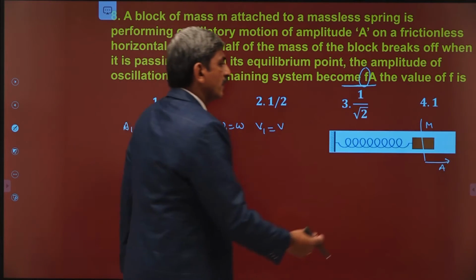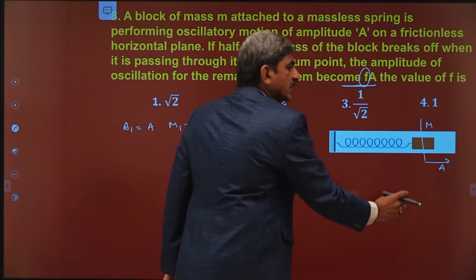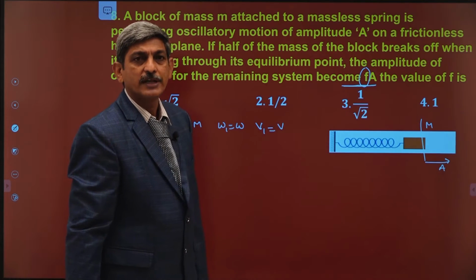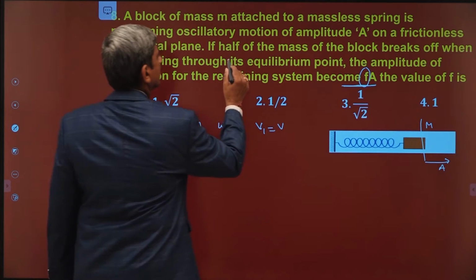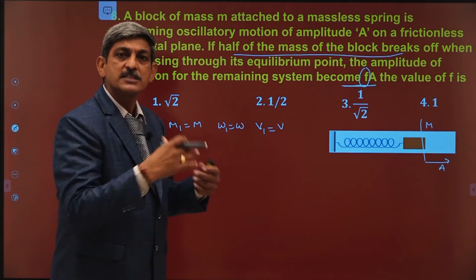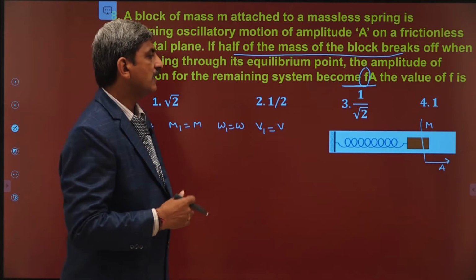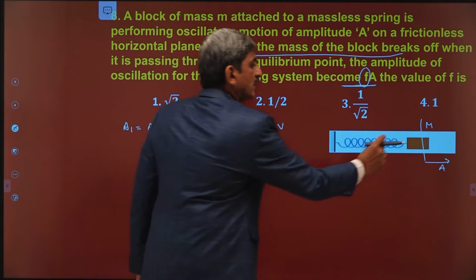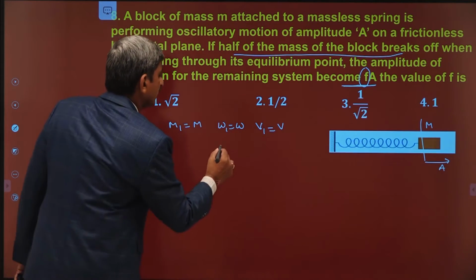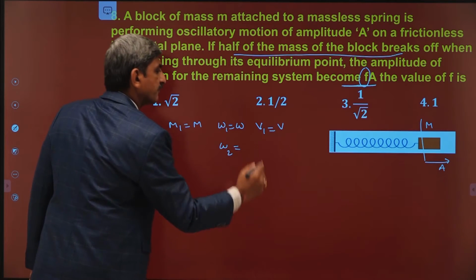Suppose when the body is at the mean position, half of the mass is removed, then what happened? In the problem it is given that half of the mass of the block breaks off. That means half of the mass is removed from the spring system. Then the mass connected to the spring is changed, so automatically the angular velocity is changed.